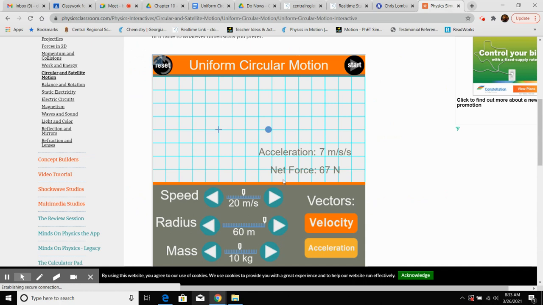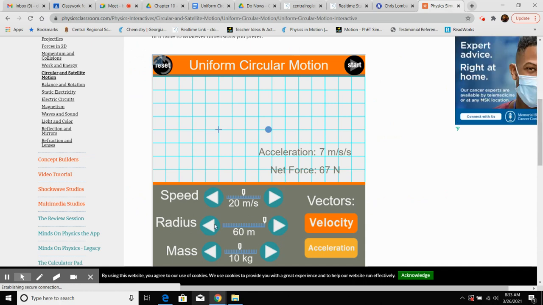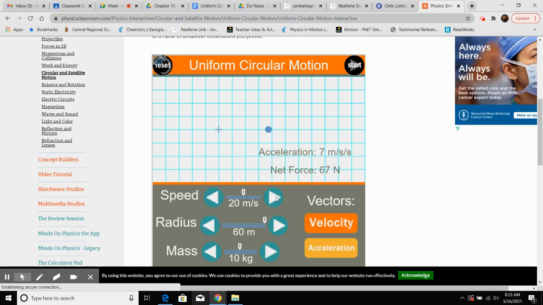Okay, so the net force is down here. Let's just say net force is 17. If we double the speed, what happens to the net force? It went from 17 to 67. That is approximately 3.94.